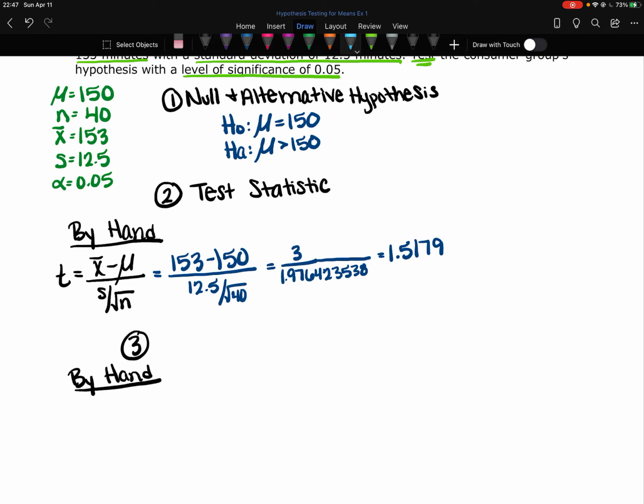But you do need to make sure that you identify that because this is greater than, that means this is a right-tailed test.